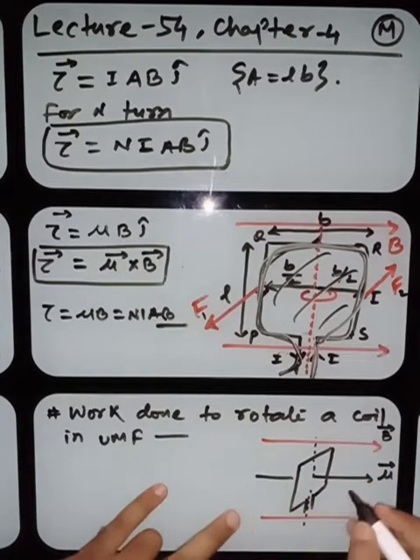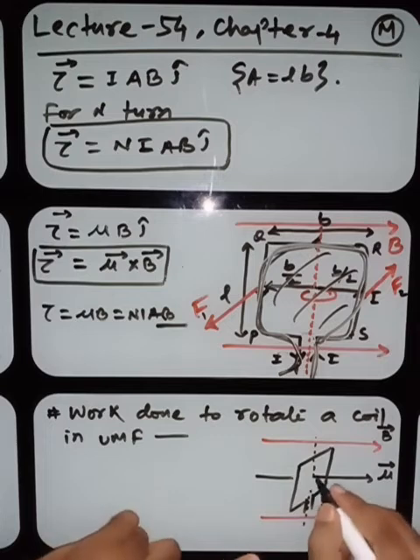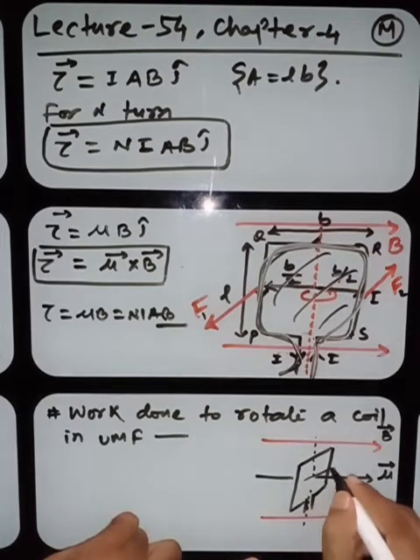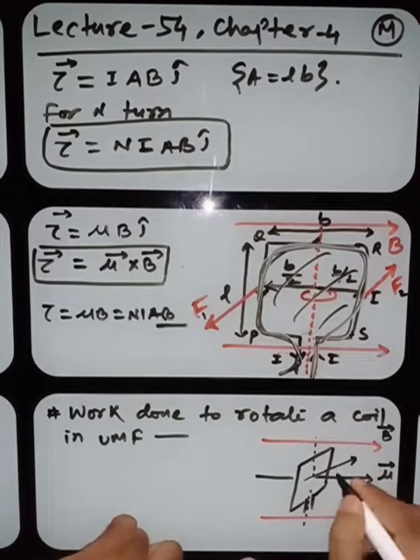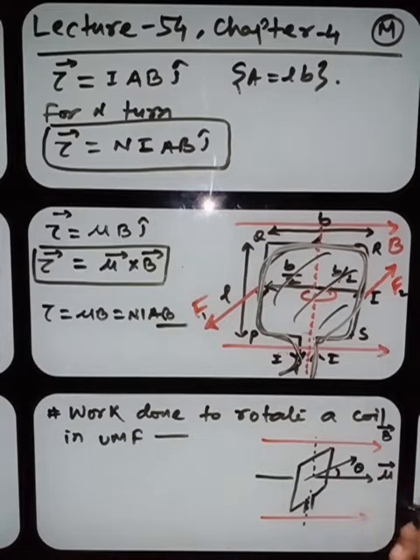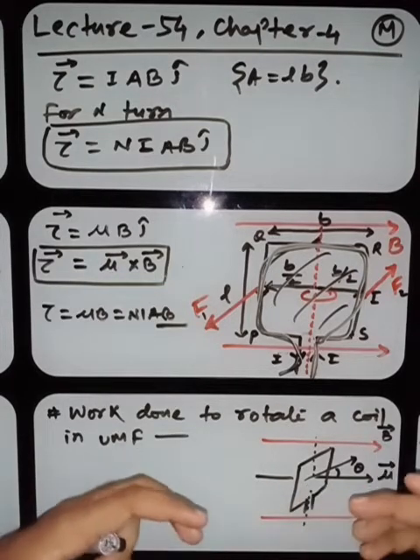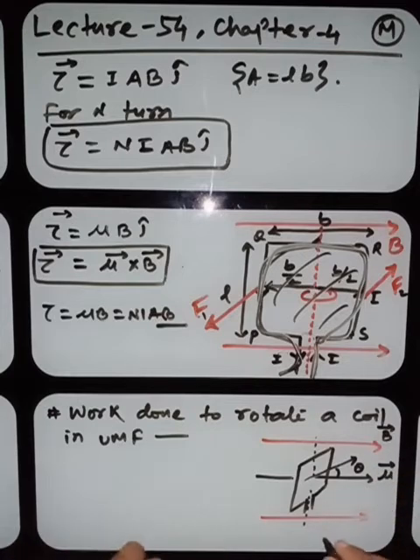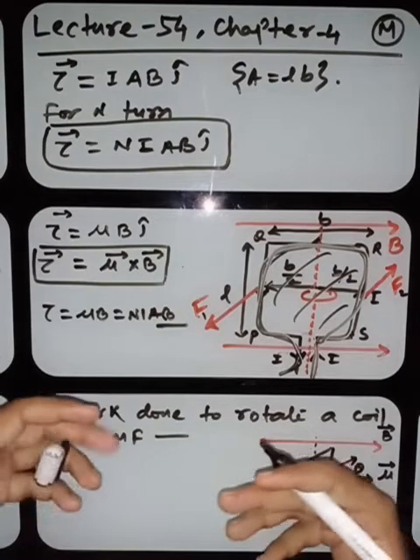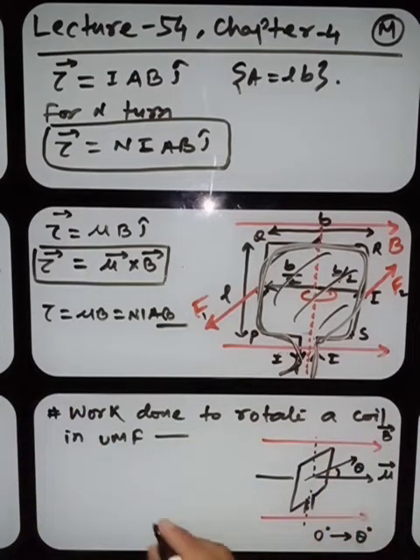So to rotate this by some angle theta, suppose mu comes in this direction, we rotate from 0 degree to theta degree. What work we have to do, we are going to find out.